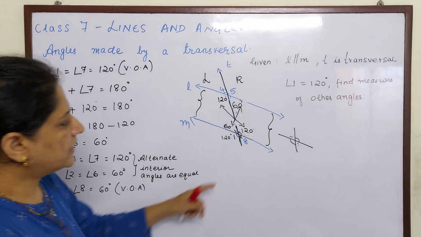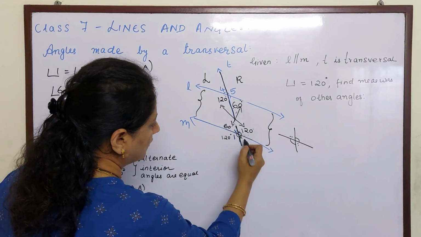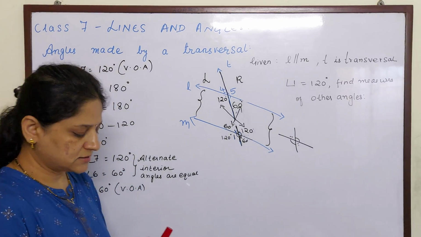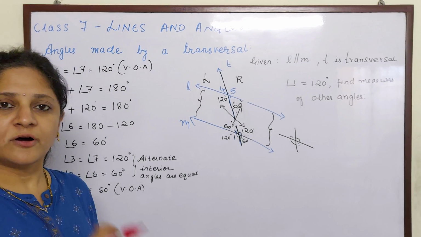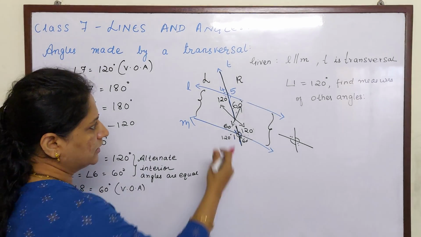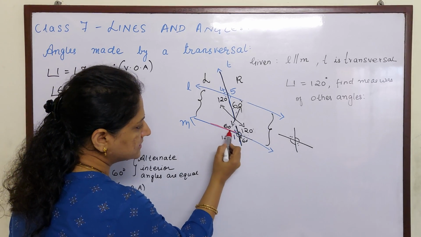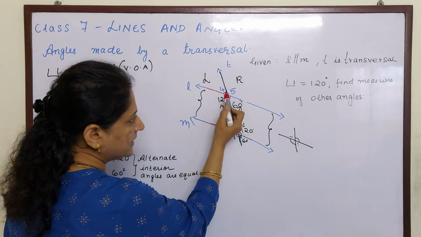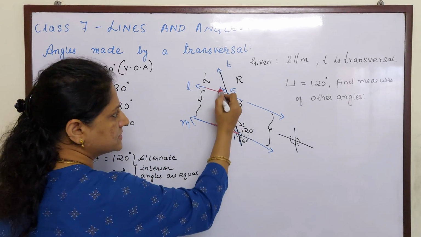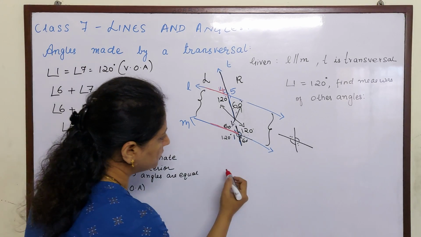Now we are remaining with 4 and 5. So let us use the concept of corresponding angles. Now if you see children, what are corresponding angles? Those that form the same pattern, right? Now this red color line, above this red line is 60 degrees. So above this red line on the same side, what is that? Angle 4. So they are forming the same pattern. I'll show you this pattern.